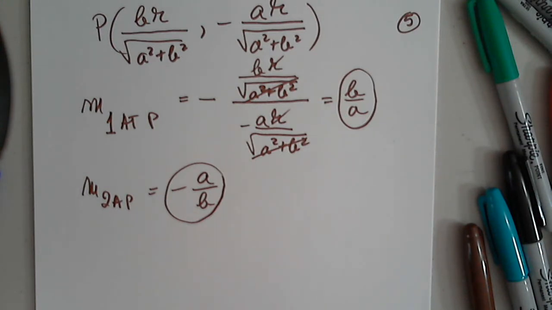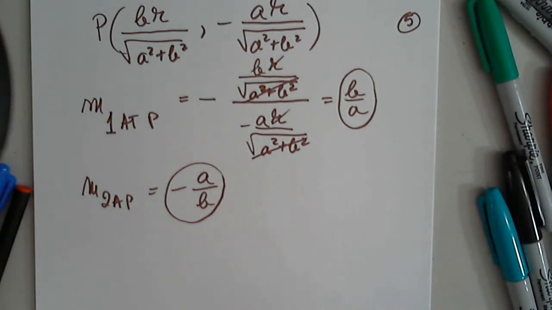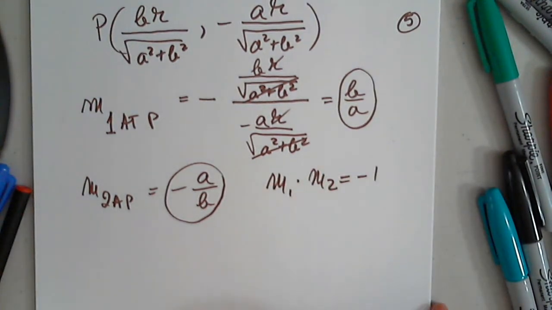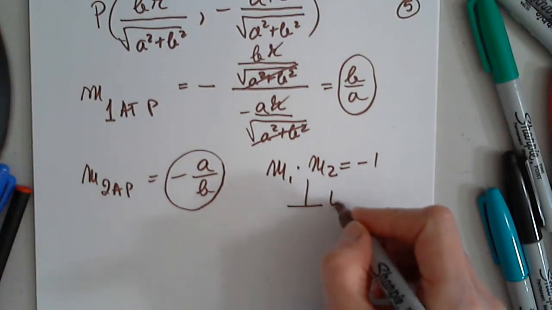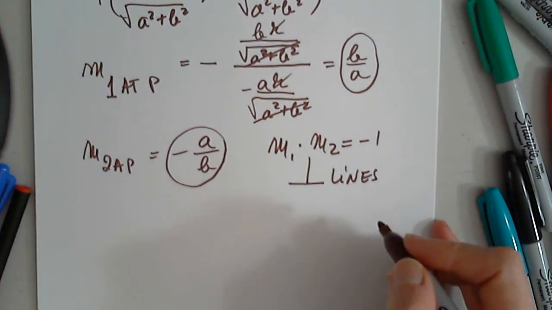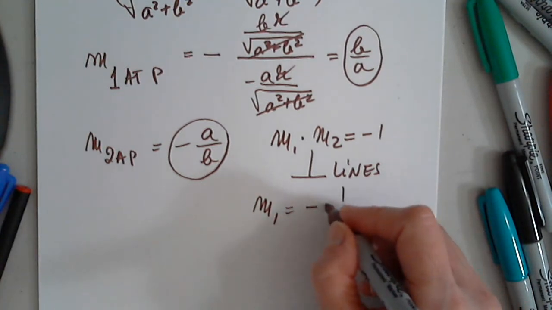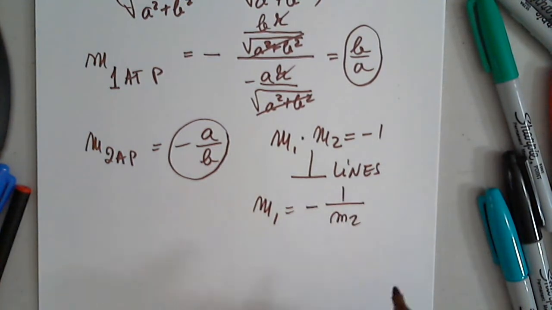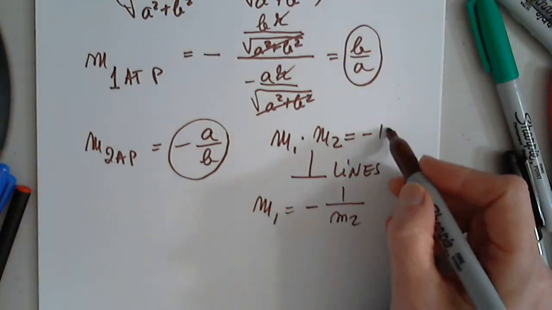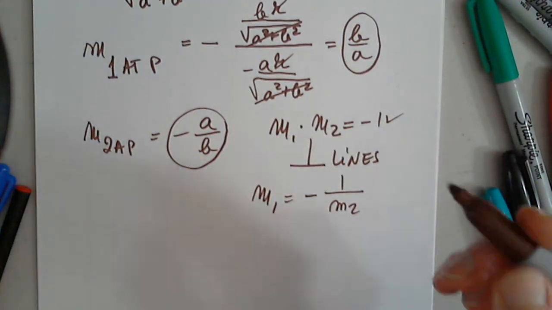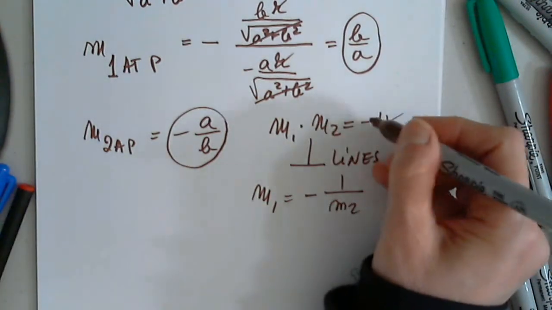Their slopes are perpendicular. Exactly. We know that M1 times M2 has to equal negative 1 for perpendicular lines. You probably remember it as M1 equals the opposite of the multiplicative inverse. Cross multiply, the product is negative 1. It's even easier to say product negative 1.